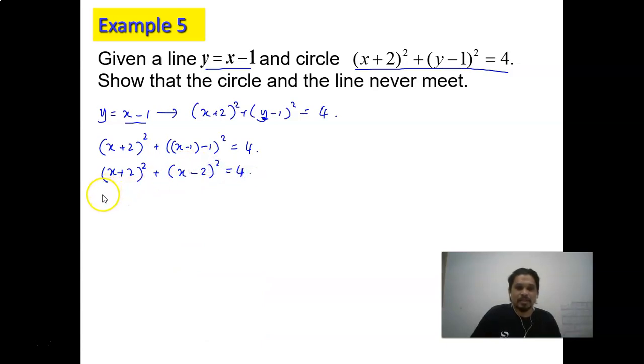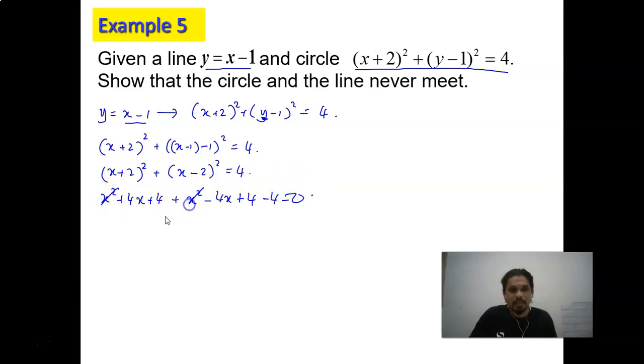Okay, so expand this now. x squared plus 4x plus 4, plus x squared minus 2x minus 2x, which is minus 4x, plus 4, and bring it here, minus 4 equal to 0.